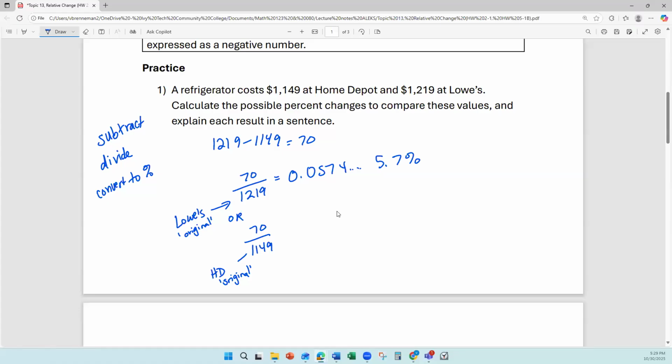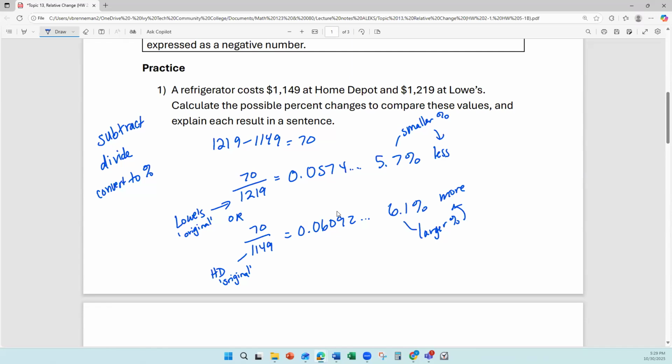And if I do 70 divided by 1149, that is 0.0609, etc. So let's say 6.1%. Now, if you calculate both, the smaller percent is the percent less, and the larger percent of the two is the percent more.